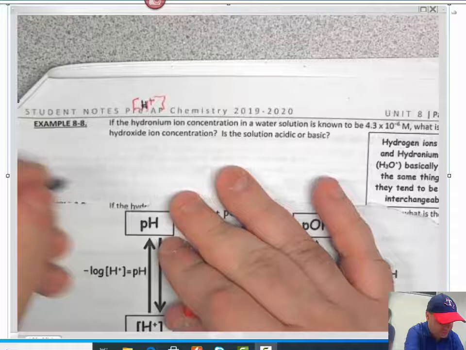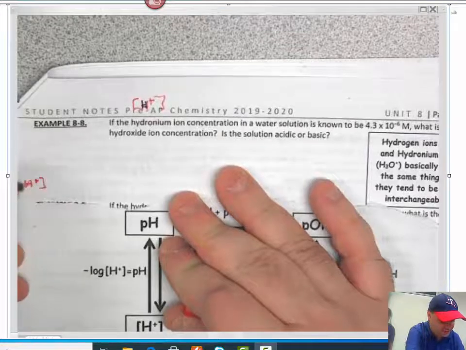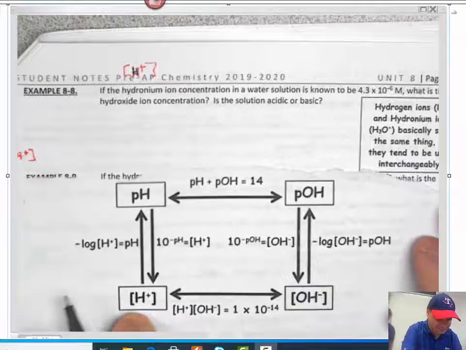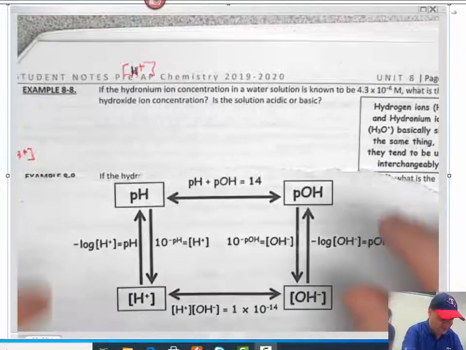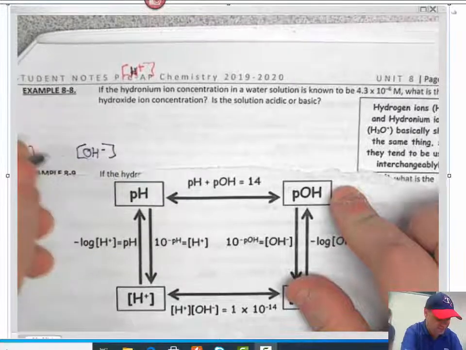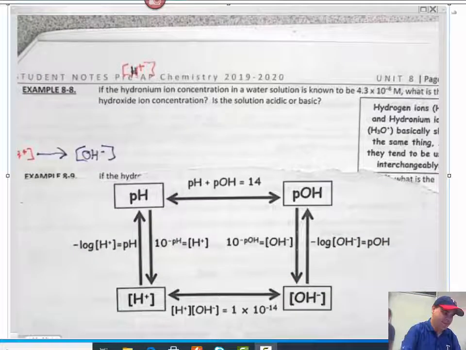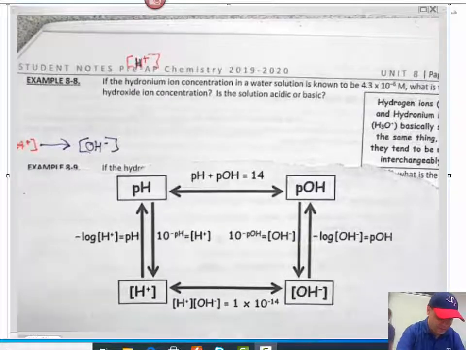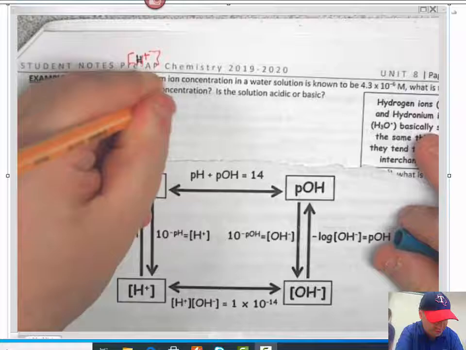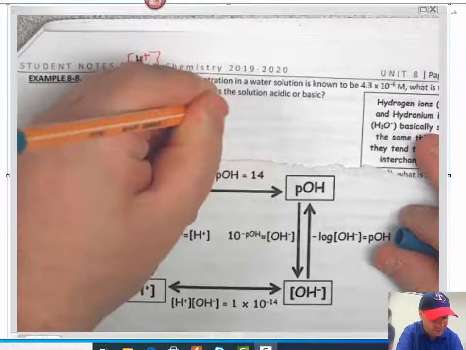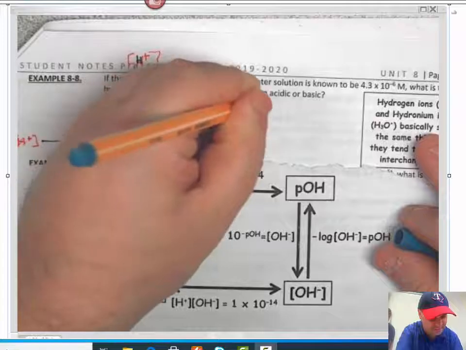That is what we are starting off with, H plus, which is in the lower right hand corner here. Okay, we are trying to find the OH minus, which is right across from there. So the equation we're going to use to do this is H plus times OH minus equals 1 times 10 to the negative 14.